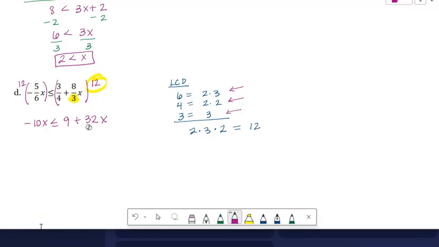So now I'll add 10x to both sides. I want to keep the variable positive, so I'll have 0 less than or equal to 9 plus 42x. Then we'll subtract 9 from both sides.